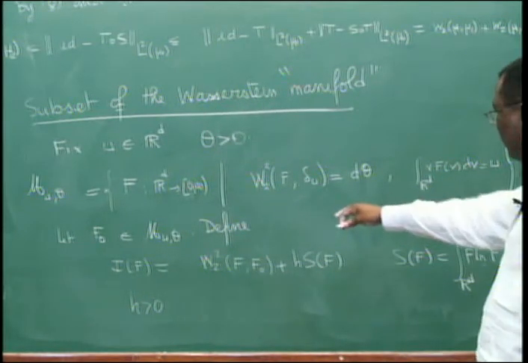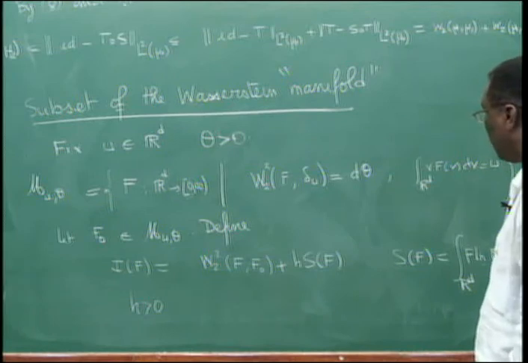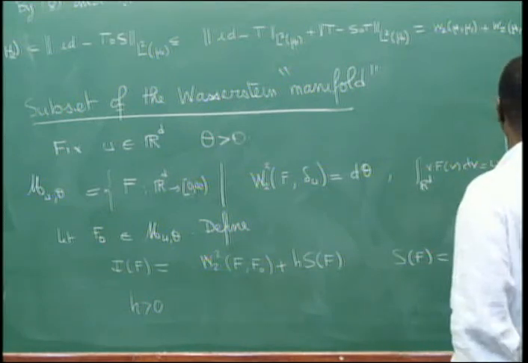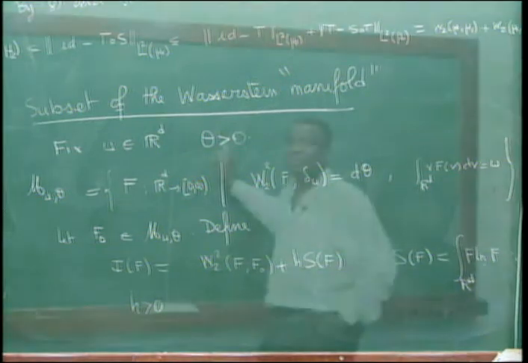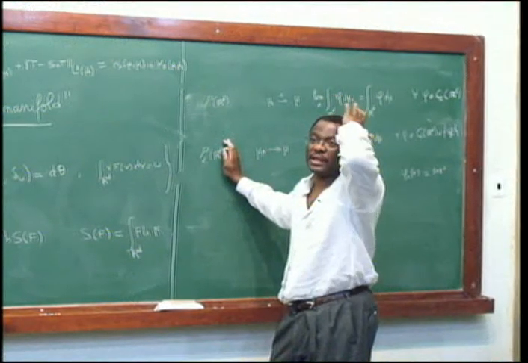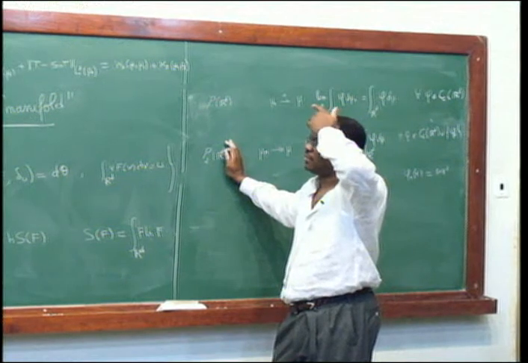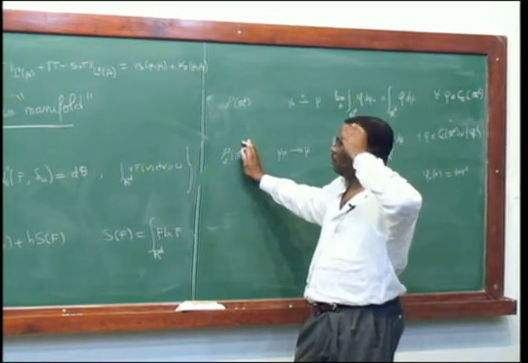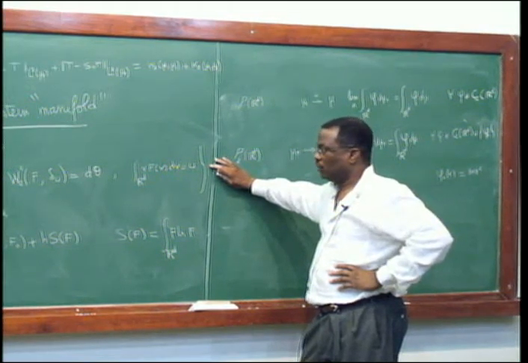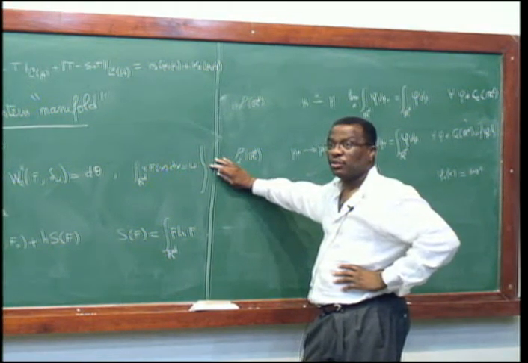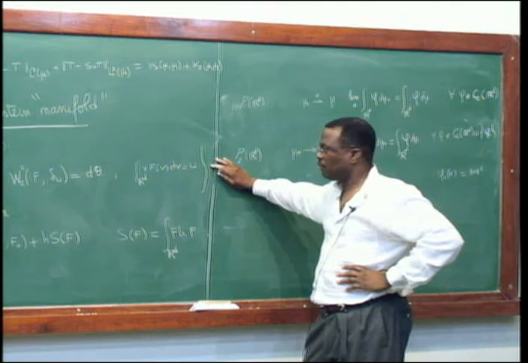So when you minimize this functional on this set, you find a minimizer easily. Standard method of calculus of variation gives you existence of a minimizer. But if you minimize it on this restricted set, I don't know of any direct method which is going to give you existence of a minimizer.